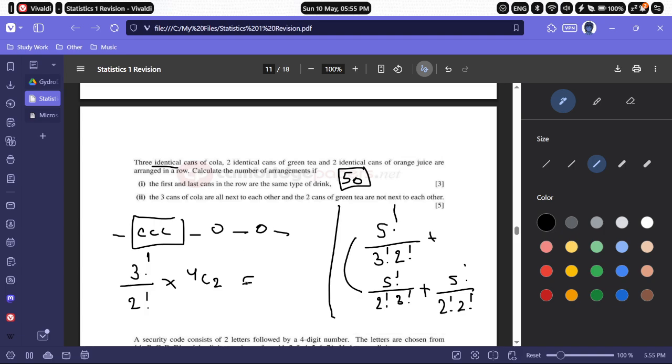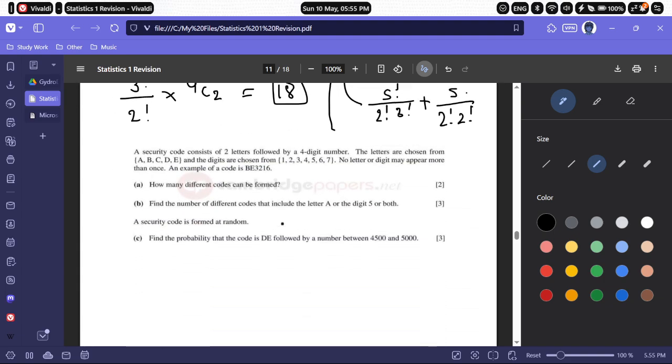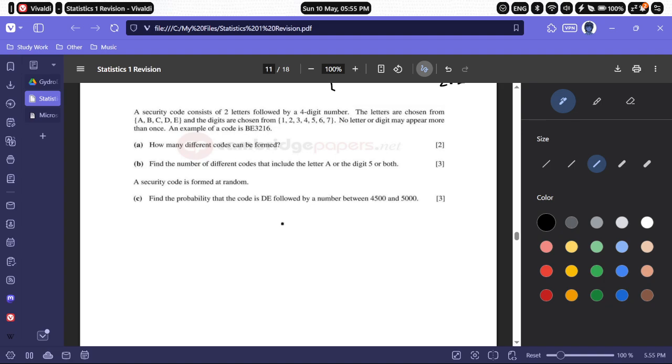And if you just calculate the final answer, that would give you 18. Okay. So far, so good. If you guys have any doubts as well, just let me know. I think so far it's not that hard.